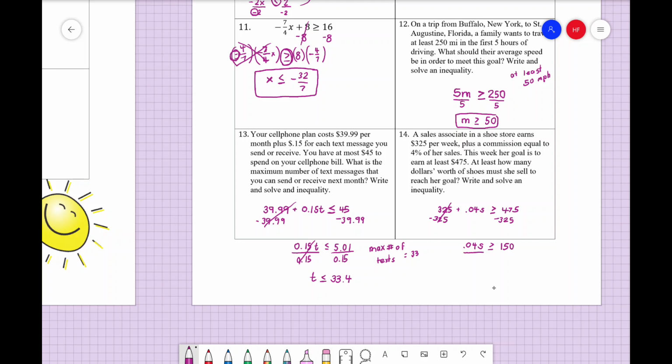And then let's look at what her total in sales would have to be. So divide 150 by 4%, $3,750 in sales. So if her sales are more than $3,750, then she's going to make that $475.